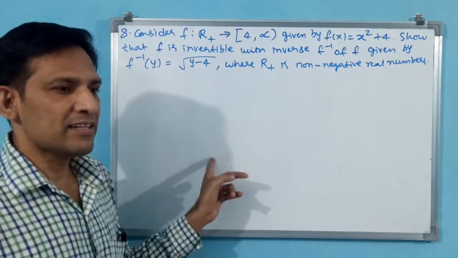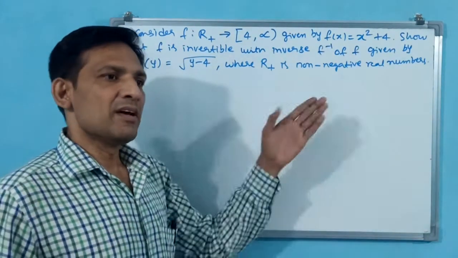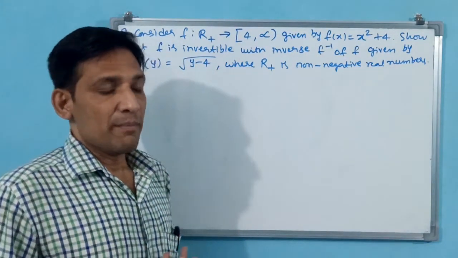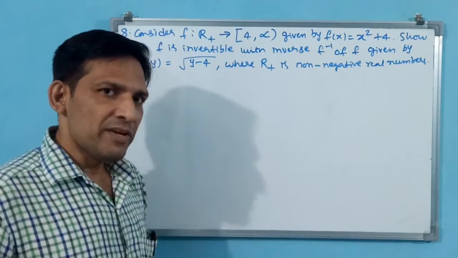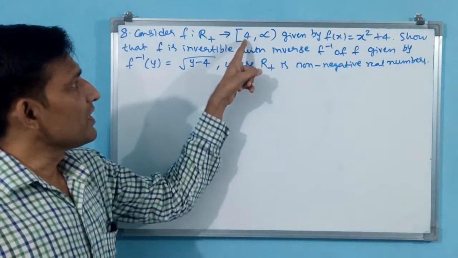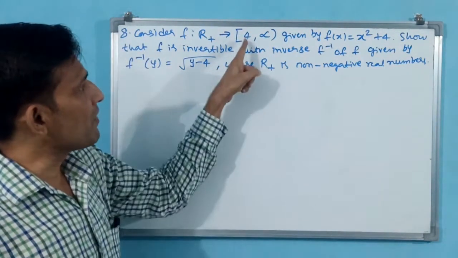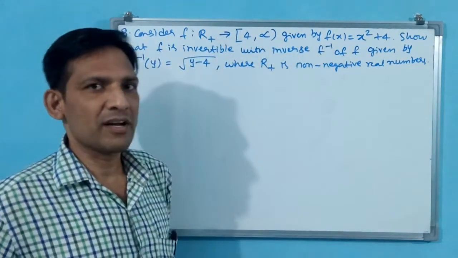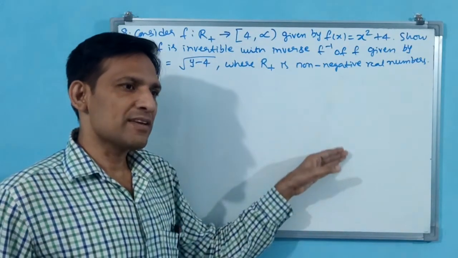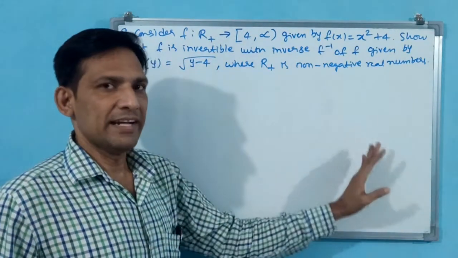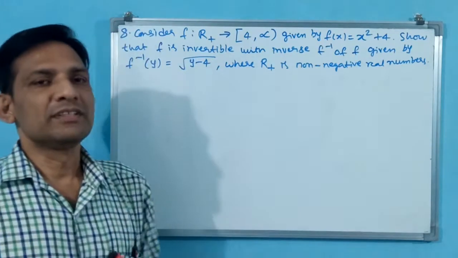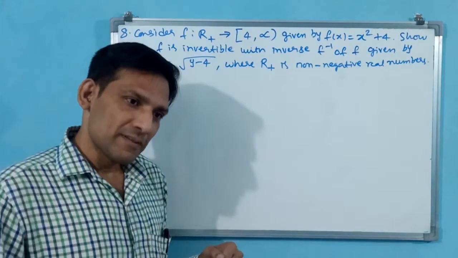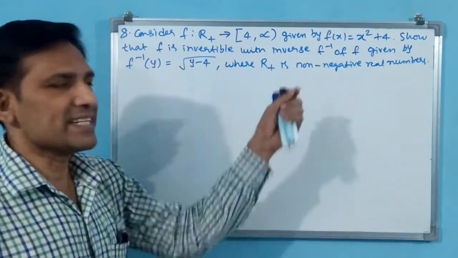Earlier, if R was there, the minus numbers would be vacant in the codomain, and codomain and range would vary. But here the entire R is not given, only 4 to infinity is given. Minus numbers are not there, even 3, 2, 1, 0 are not there. All of 4 to infinity is there, so this may be onto also. We have not yet tried, maybe onto also.